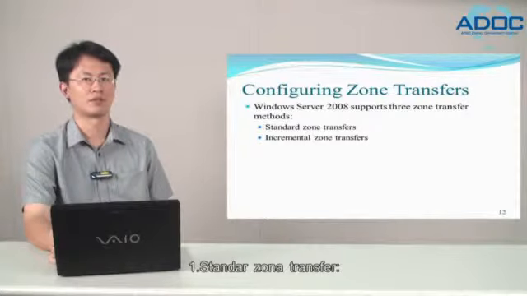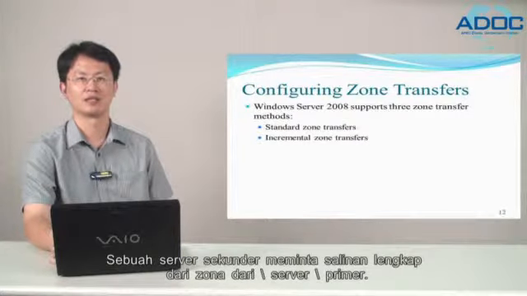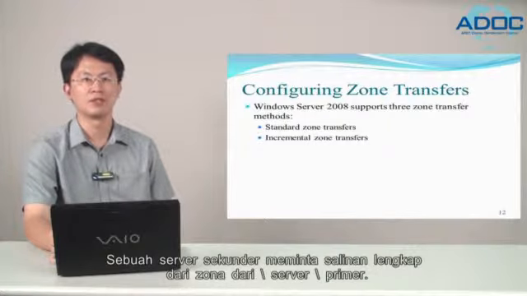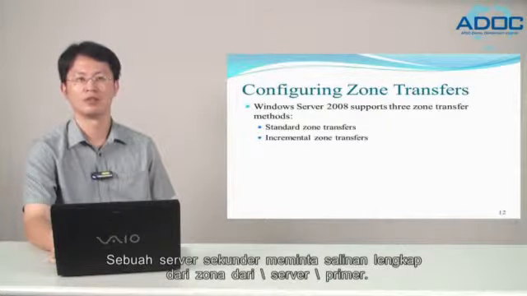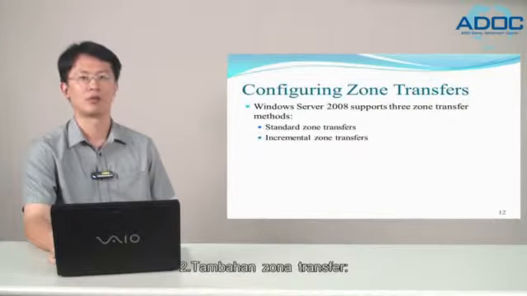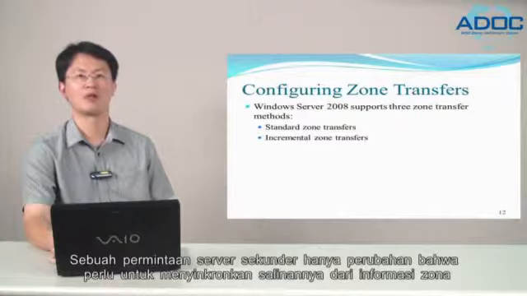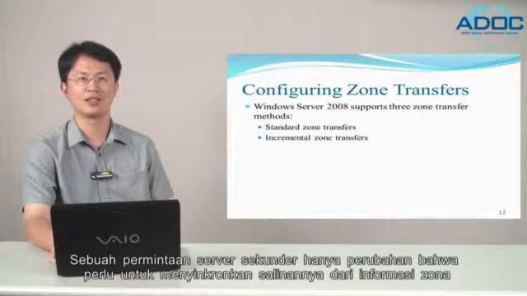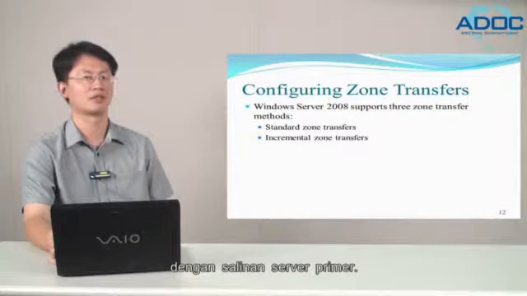Standard zone transfers: a secondary server requests a full copy of a zone from a primary server. Incremental zone transfers: a secondary server requests only the changes that it needs to synchronize its copy of the zone information with the primary server's copy.